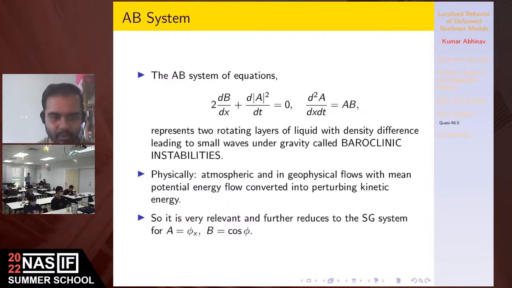So certain more realistic systems in sea currents and so on are represented by such an equation, which represents two layers. And such layers, when under gravity, if those layers move, there is something called baroclinic instability. So in the interface of these layers, some wave motion forms, and those are known as baroclinic instabilities.